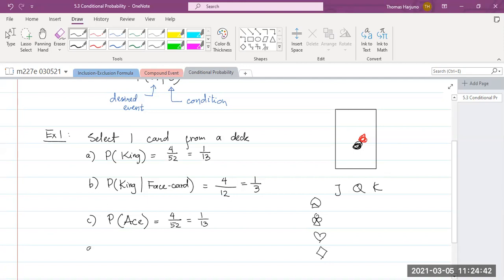Now, what if I ask you what is the probability it is an ace, knowing it's a face card? How many face cards do we have? There are 12 face cards. Now, of these 12 face cards, how many of them are aces?